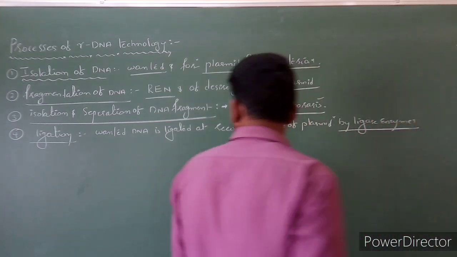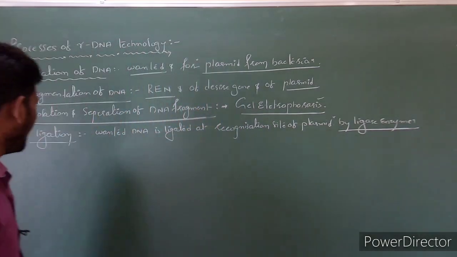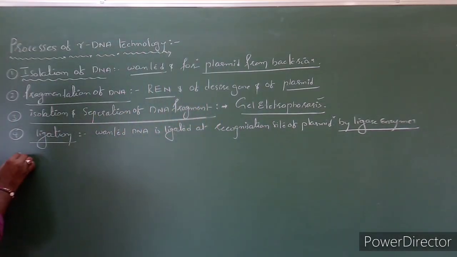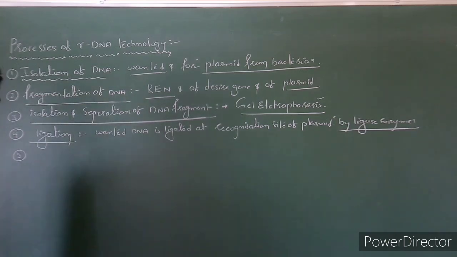Nothing but the fourth step is what? Ligation. Now what happened? Now the recombinant plasmid is formed.